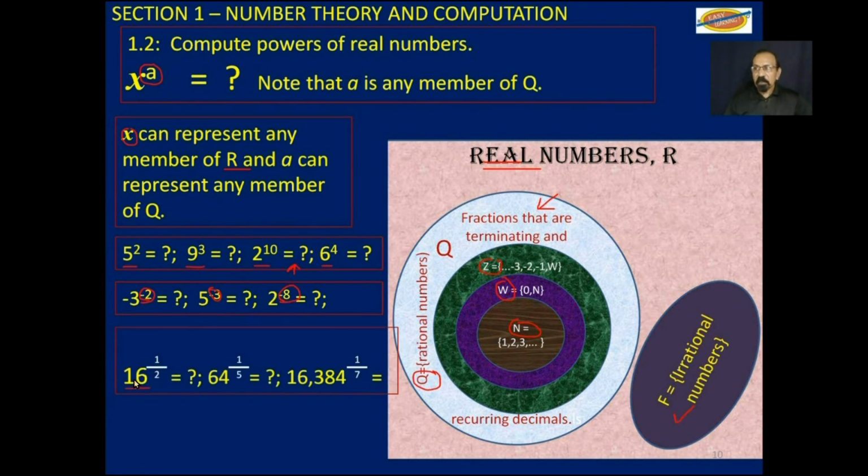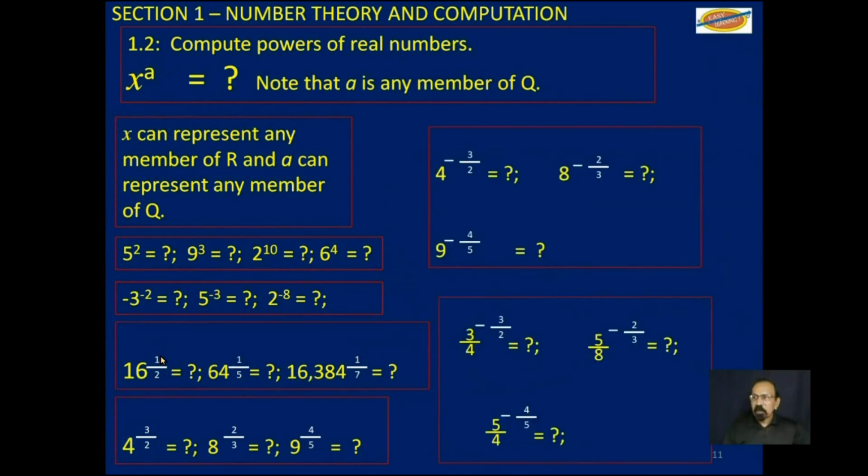Then we look at 16 to the half power, or 64 to the 1/5 power, or this number here to the 1/7 power. Then we will look at a whole number here to a fractional index here, but the numerator of the index is not 1 as we had up here. So these that you see here on the left are fairly easy.